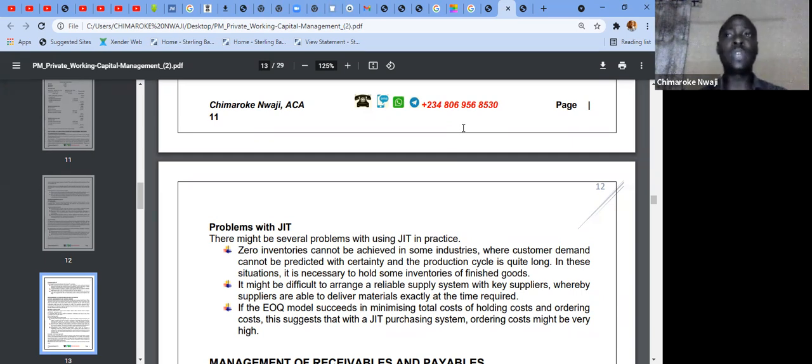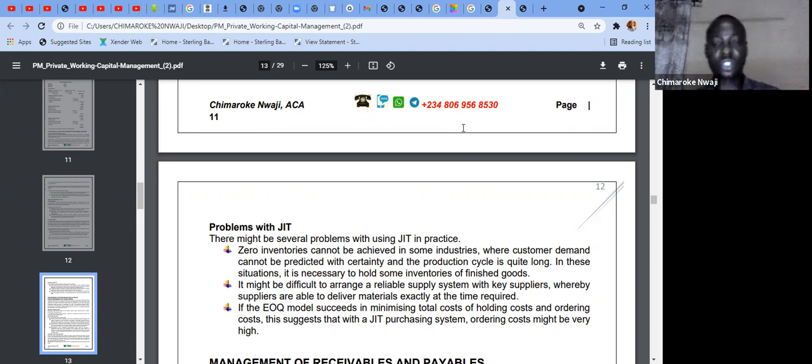And when you don't hold anything, your ordering cost will be high. I said there's a trade-off. When you have a higher ordering cost, your holding cost will be low. When you have a low holding cost, your ordering cost will be high. So that's the problem with JIT.